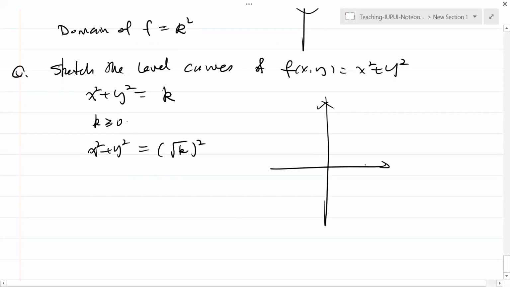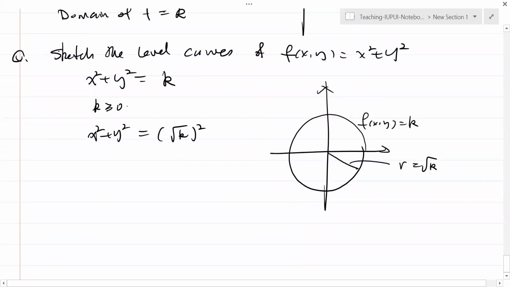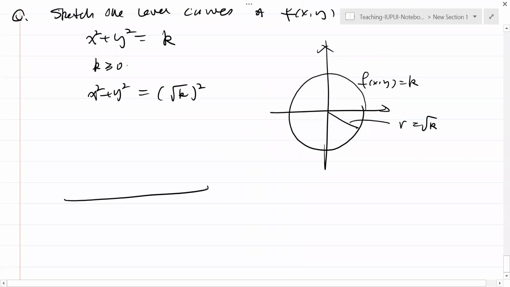When f(x,y) equals k, it is a circle with radius square root of k. That's clear enough. If you want to draw different curves, you can say k equals 0.